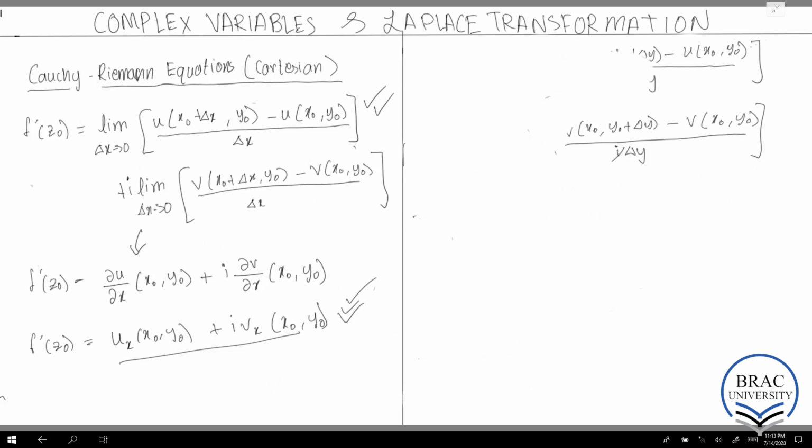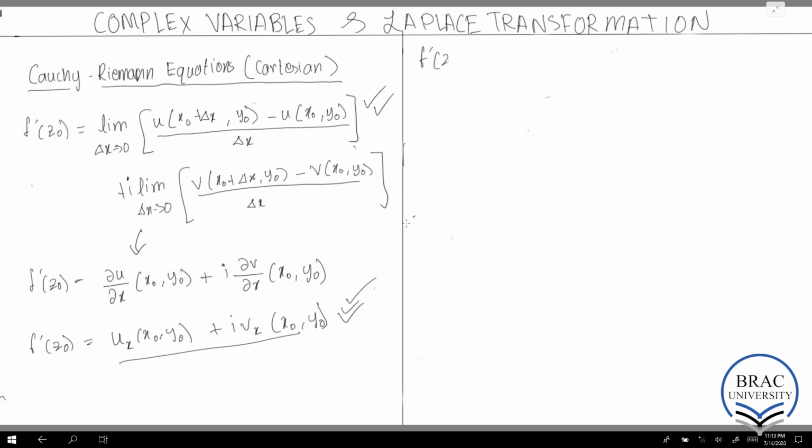I'll write all of it again. If we approach from the horizontal, you would have ux plus i Vx. I'm not going to write the x naught, y naught as I've written before, since it's implied, since we're taking the derivative at the point z naught.